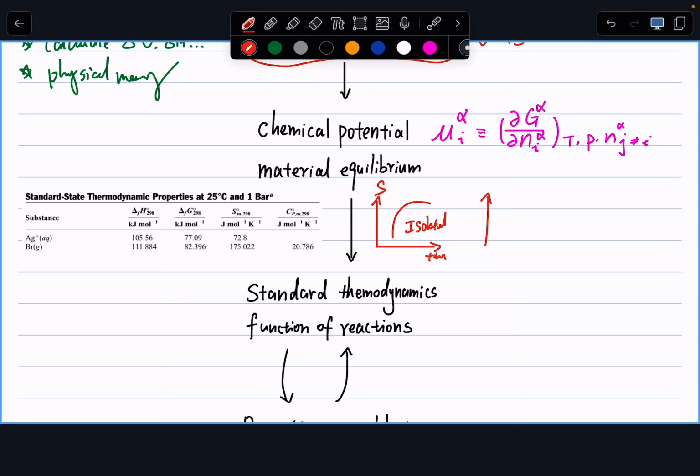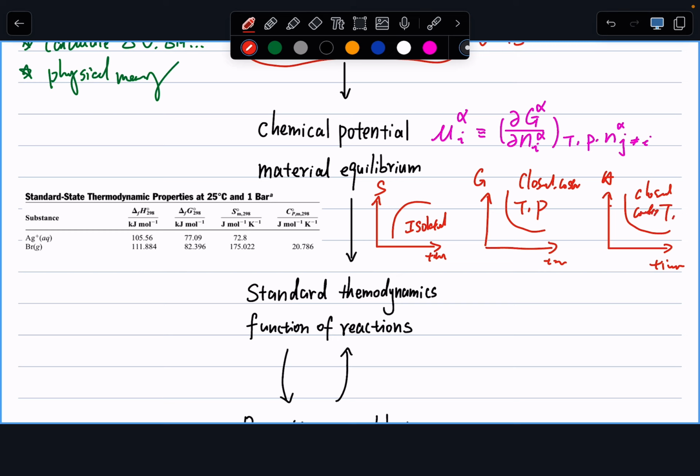For my Gibbs free energy, over time, it's going to decrease for a closed system at constant T and P. And for our Helmholtz energy, we have a closed system at constant T and V. So whenever answering the true and false problems, it's very nice if you just draw these pictures on your side. It's going to be very helpful in answering those questions.